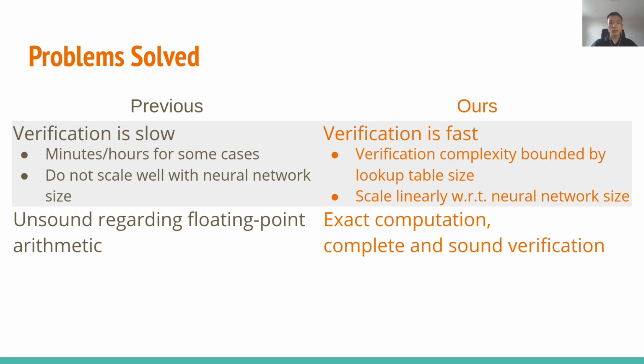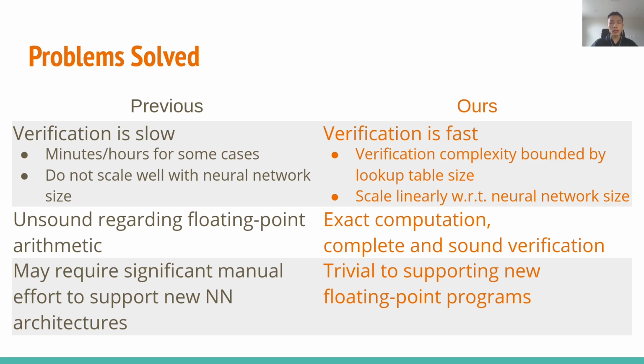We can enumerate the output of the networks on the target implementation to generate the exact floating point computation results. And it also becomes trivial to support new neural network architectures, and in fact we can support any floating point programs in general.